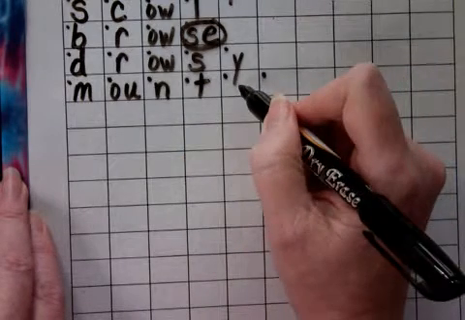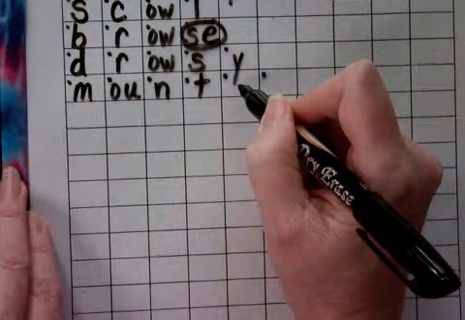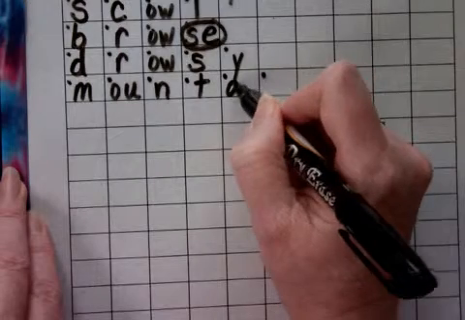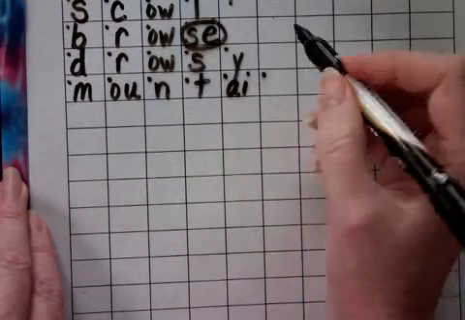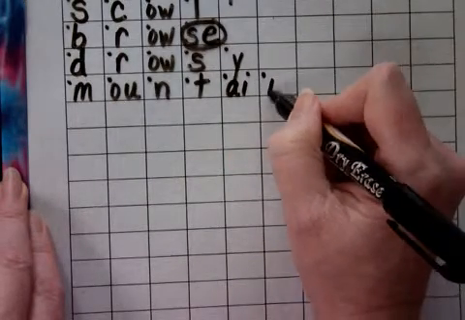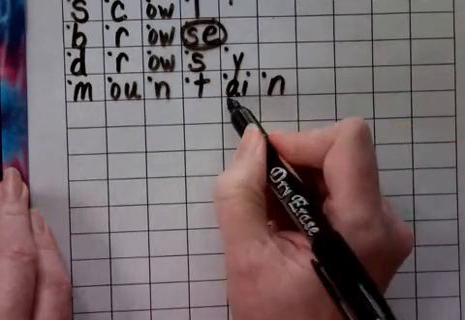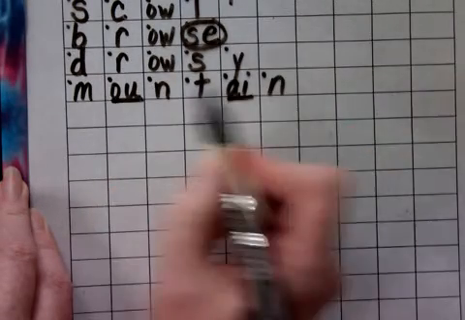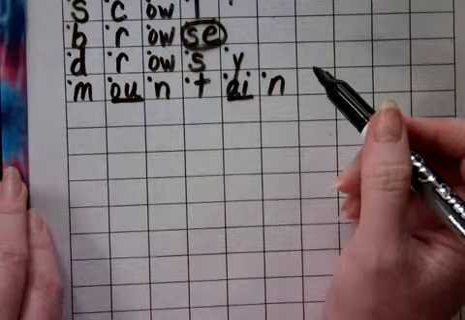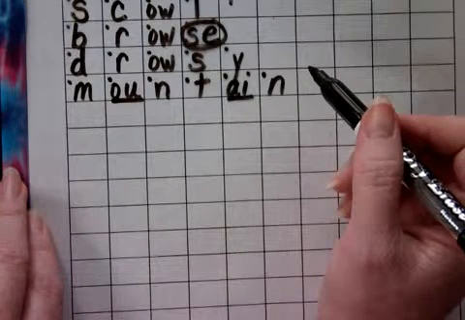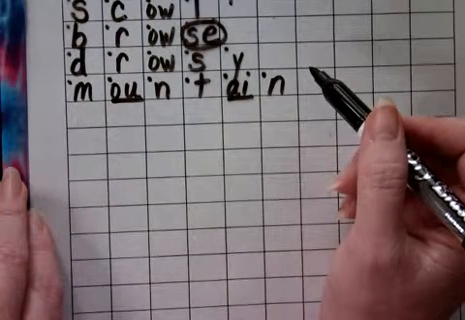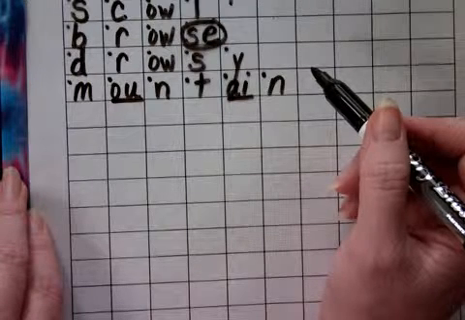Now the sound is "in," but it's spelled with an AI. Because this is a vowel sound and this is a vowel sound, it's a two-syllable word. With two-syllable words, most of the time we only have one syllable or one part of the word that is stressed.